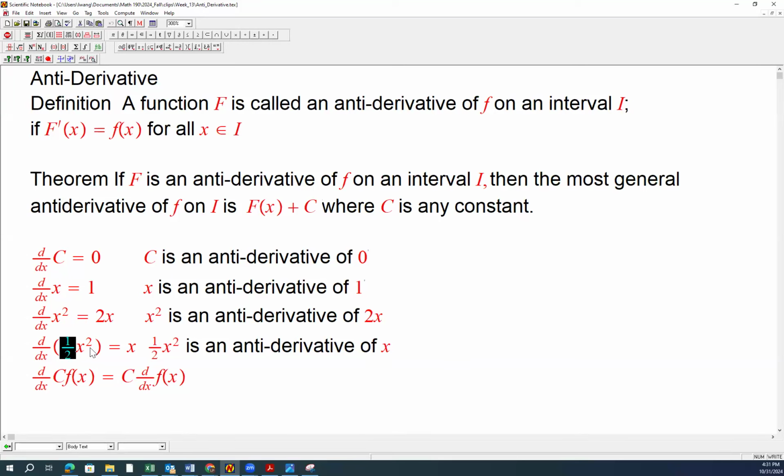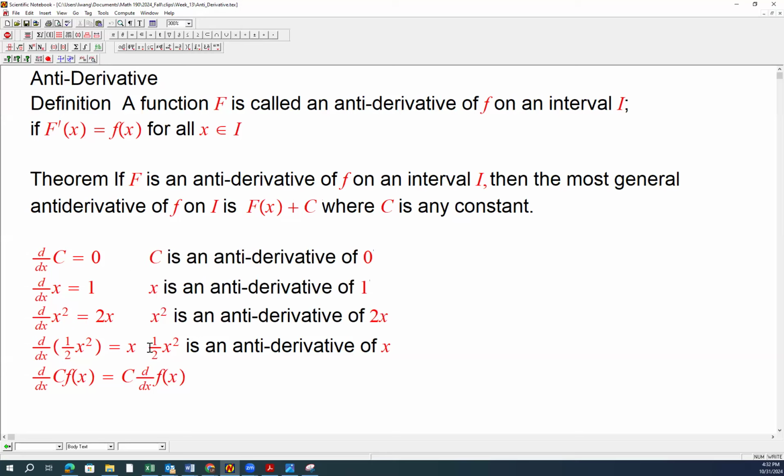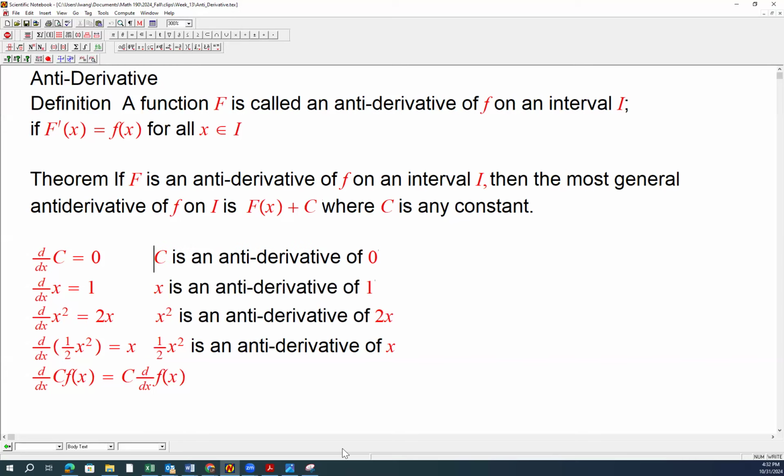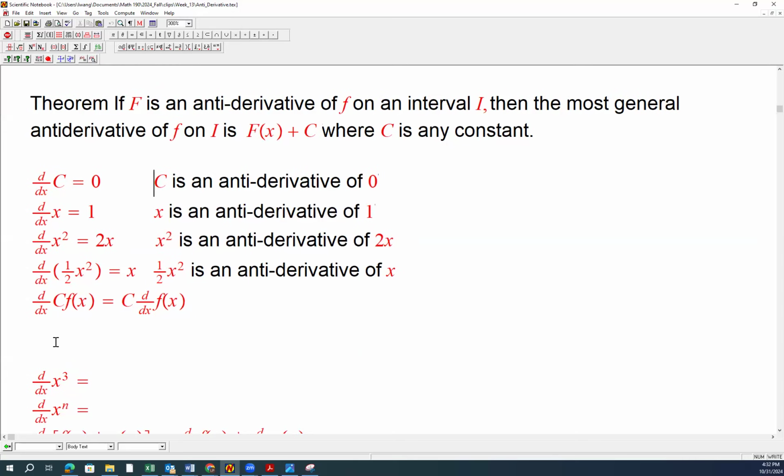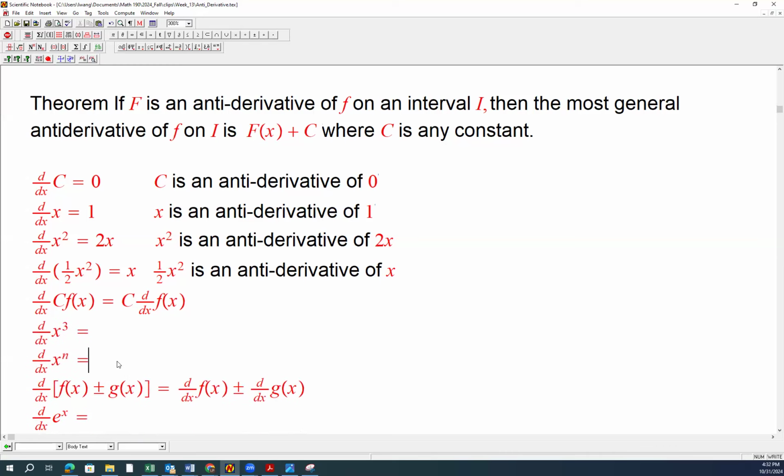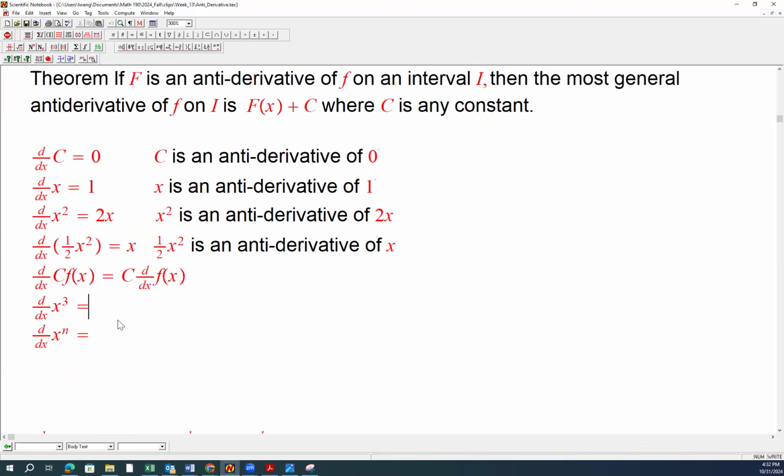So half of x squared is the antiderivative of x. All right, so you can see how we find antiderivatives of functions. Continue with this process, and I think you know where we're going to get to.